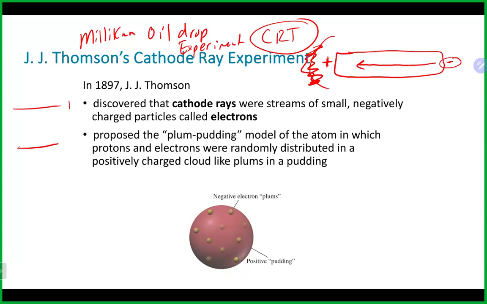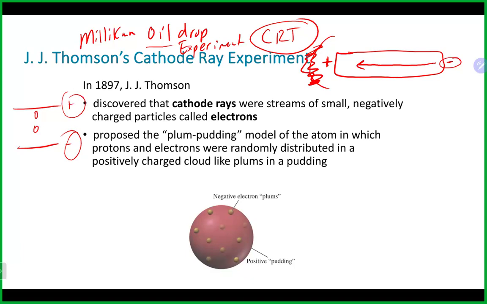He had a chamber where there was an electrical field, and much like the title implies, he shot oil into it and heated it up, atomizing it. There was a little opening where a drop of oil would go through, and as the oil was dropping, it would gain a charge through friction. He was able to dial in the electrical field so that he could suspend the oil droplet. It wouldn't fall, wouldn't go up, wouldn't go down.